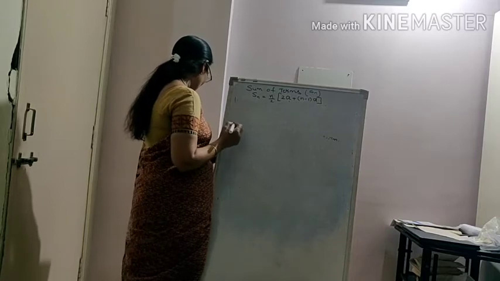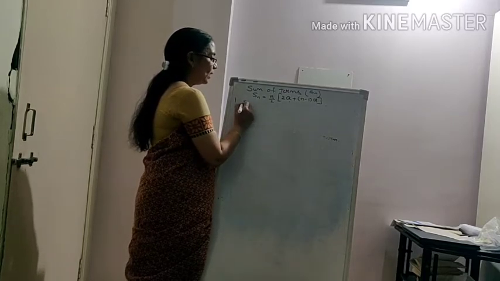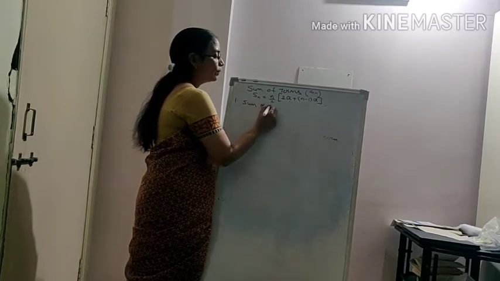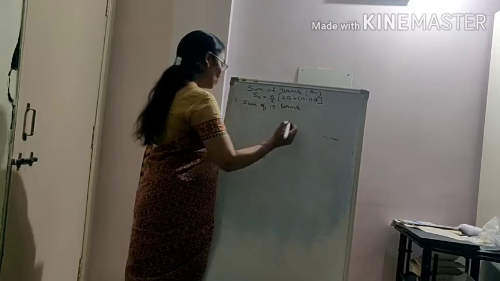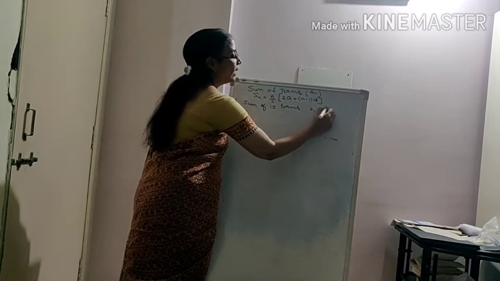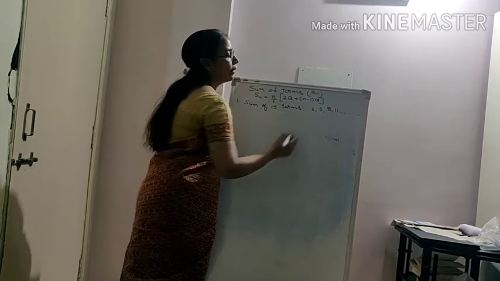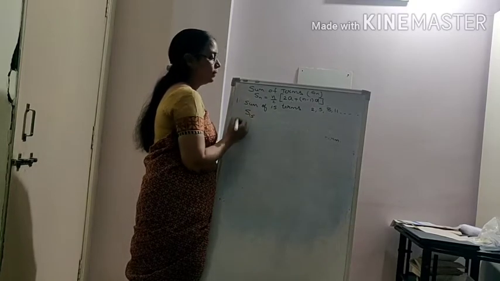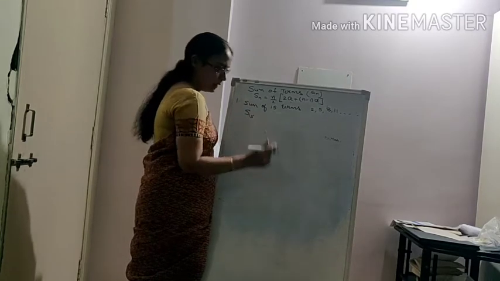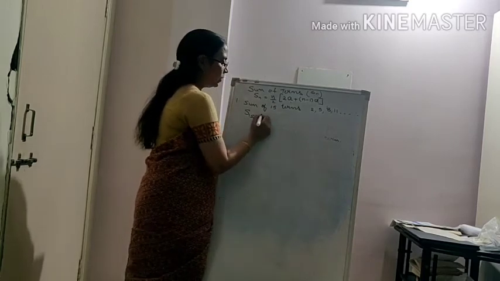The first problem we are going to see is the sum of 15 terms of 2, 5, 8, 11 and so on. That is, we have to find S15.